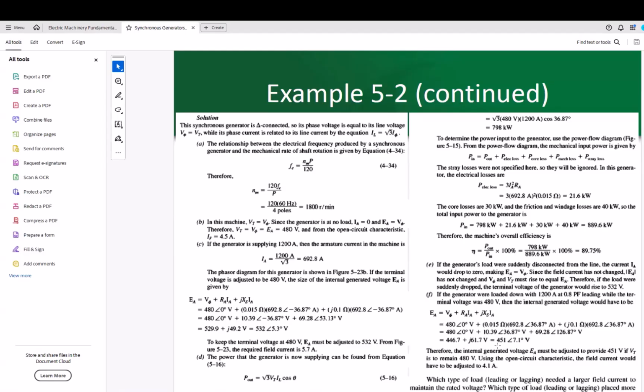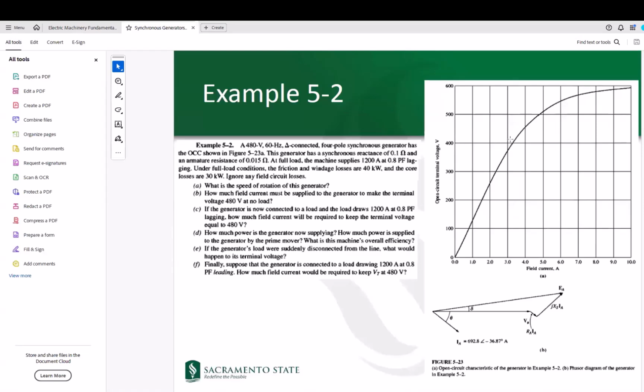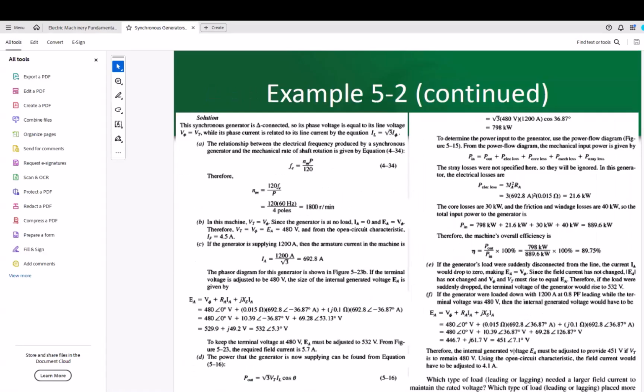Therefore, if you go ahead and look at the open circuit characteristic of the machine, go to 451, and then you can read basically the IF to be at 4.1 amps, which is a smaller current compared to 5.7 here. So which type of load, leading or lagging, would require a larger field current? The answer is that the lagging power factor would require more field current to provide the same terminal voltage.